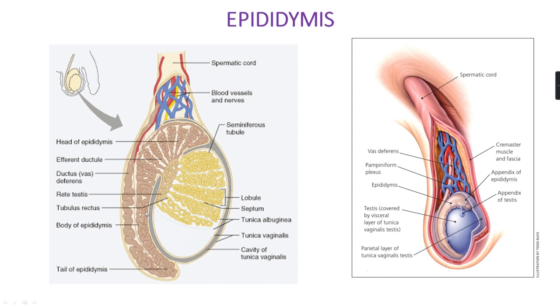When it comes down, they become one tubule and that forms the body and tail of the epididymis. And ultimately, the tail of the epididymis continues above with the ductus deferens, or you can say the vas deferens. At the upper end of the epididymis, there is one oval body, same like the appendix of testes. It is called the appendix of the epididymis, and it is a remnant of the mesonephric duct.